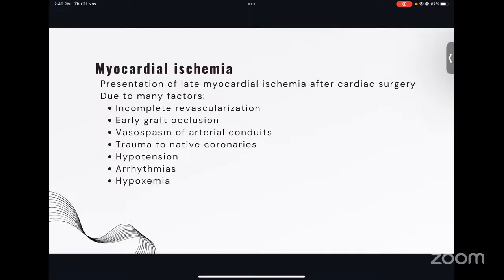Myocardial ischemia: the presentation of late myocardial ischemia after cardiac surgery may be due to many factors. It may be due to incomplete revascularization, early graft occlusion, vasospasm in arterial conduits, trauma to native coronaries at the annulus during valve surgery or near it, hypotension, arrhythmia, and perfused anemia or hypoxemia.